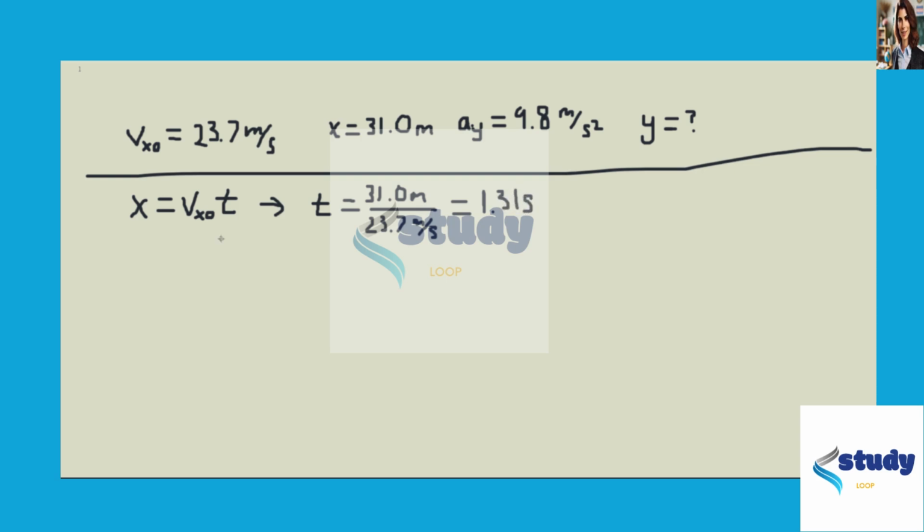Okay, so now that we have that, we can go ahead and find the vertical displacement, which is the height of the building, by applying equation 2-12b to the vertical motion.